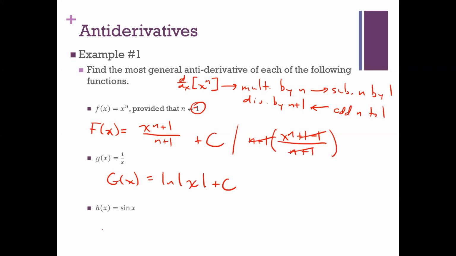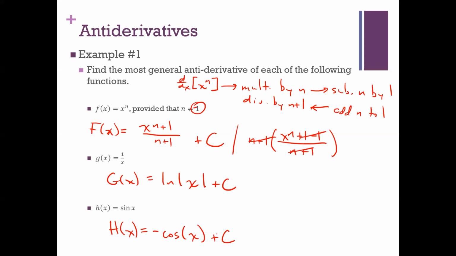How about h of x equals sine of x? What would capital H be? Okay, here's some negative cosine of x. Are we sure about negative cosine of x plus c? What's the derivative of sine of x?